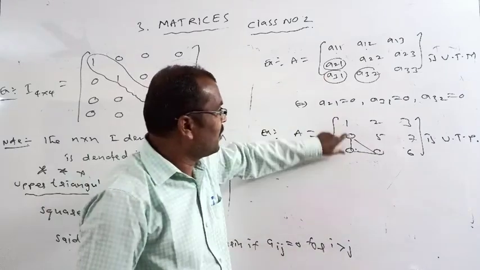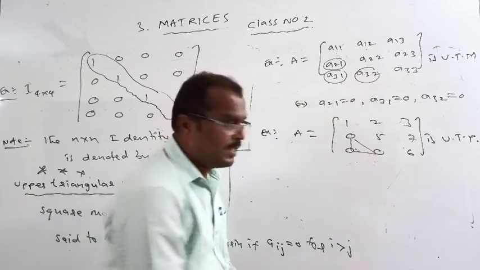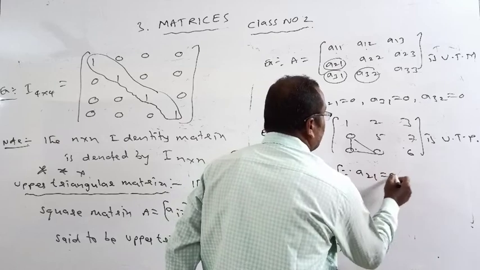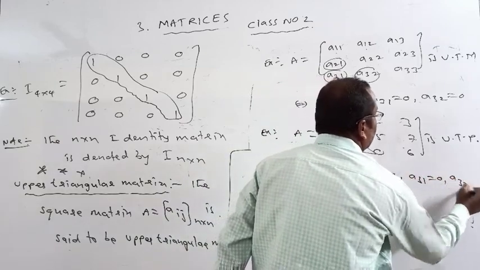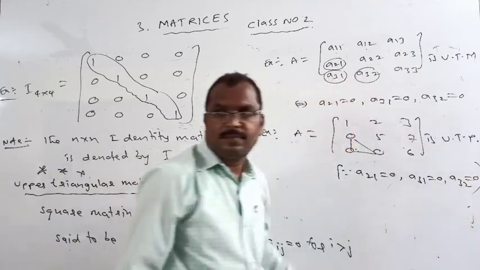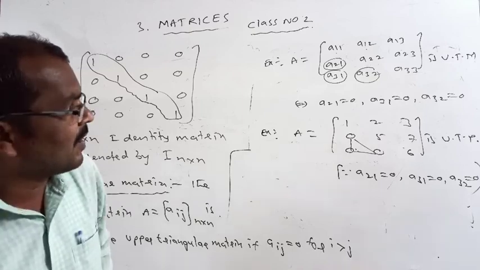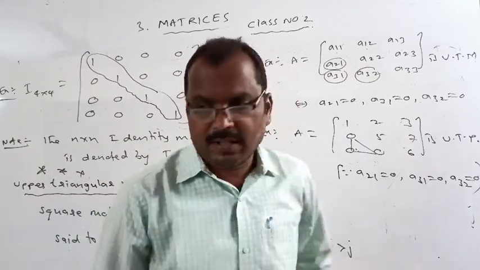Since A21, A31, A32 are 0. So copy the definition and give the example. Once again I will explain the upper triangular matrix in the next class.